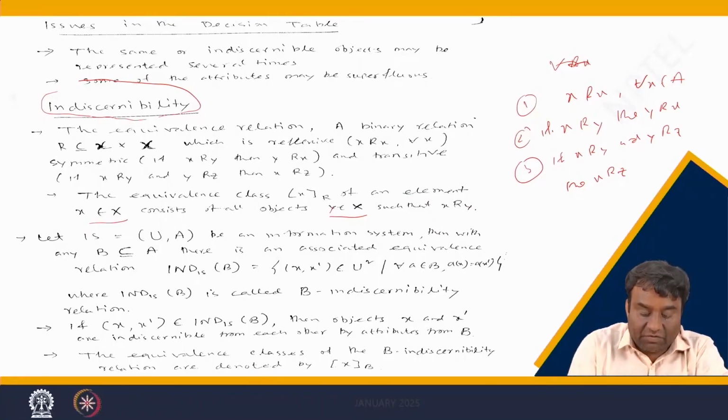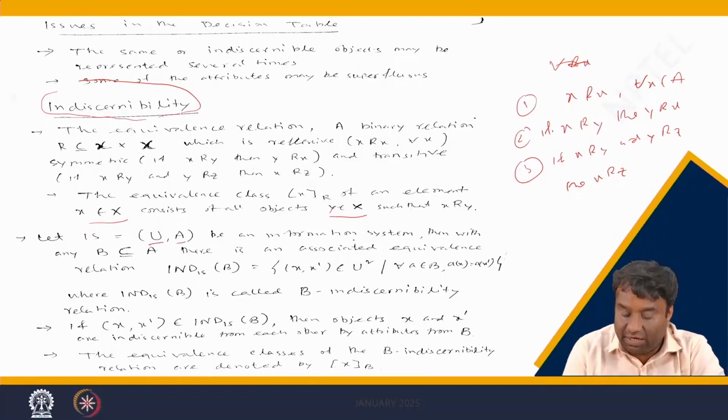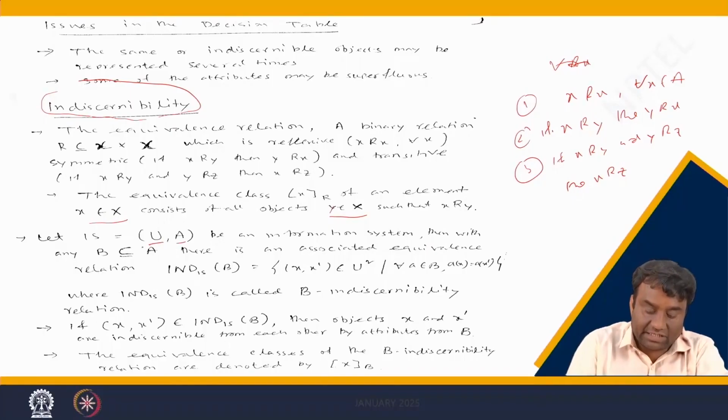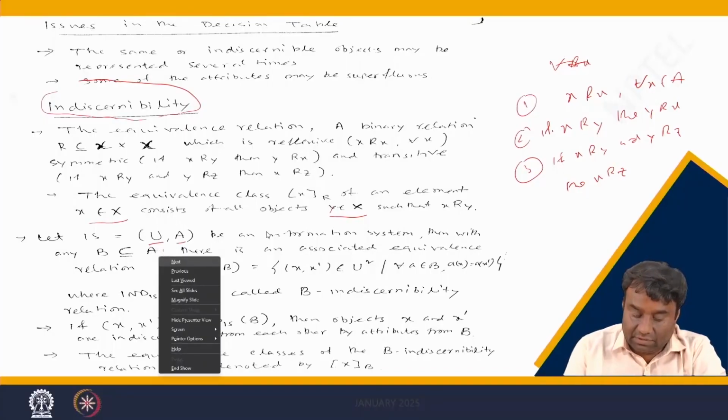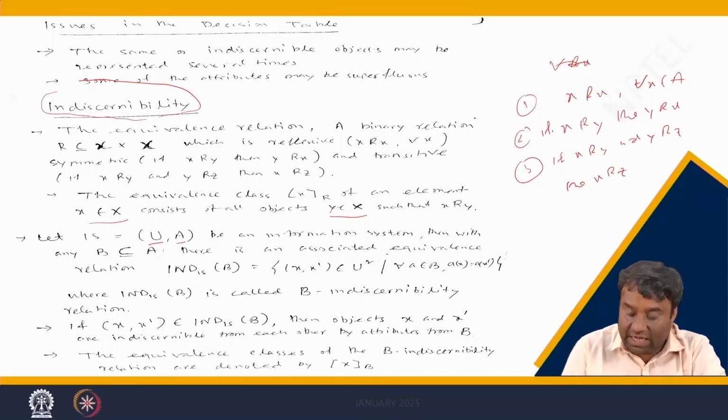Let an information table, with objects U and attributes A, be an information system, with any subset of attributes B. So B is any subset of the attribute set A. Then there is an associated equivalence relation known as the indiscernibility relation IND(B), the set of pairs (x, x1) belonging to U cross U such that for all a belonging to B, the values are the same, that is a(x) equals a(x1).